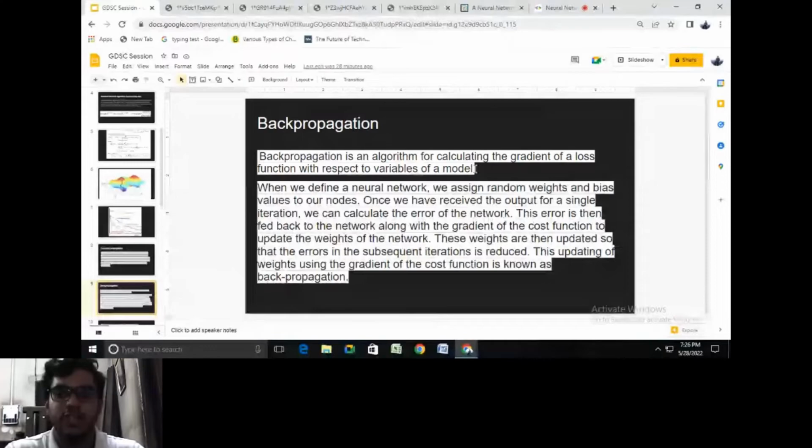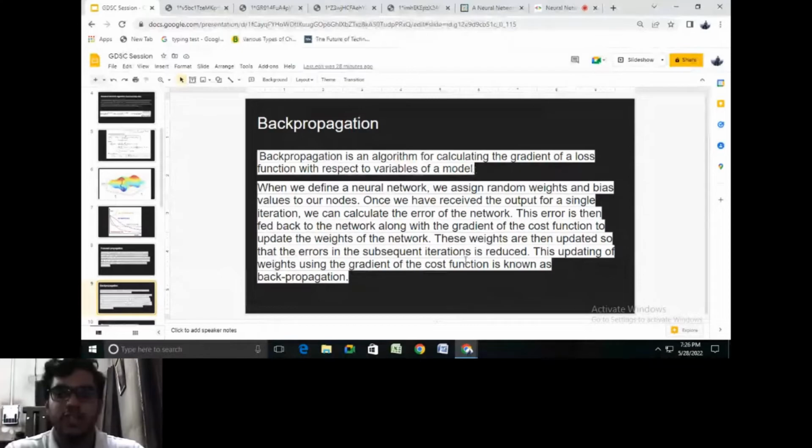In this paragraph, as I've written, maybe I should zoom in a bit. Let me read this out. When we define a neural network, we assign weights and bias values to our nodes. We do this at the starting of the training.